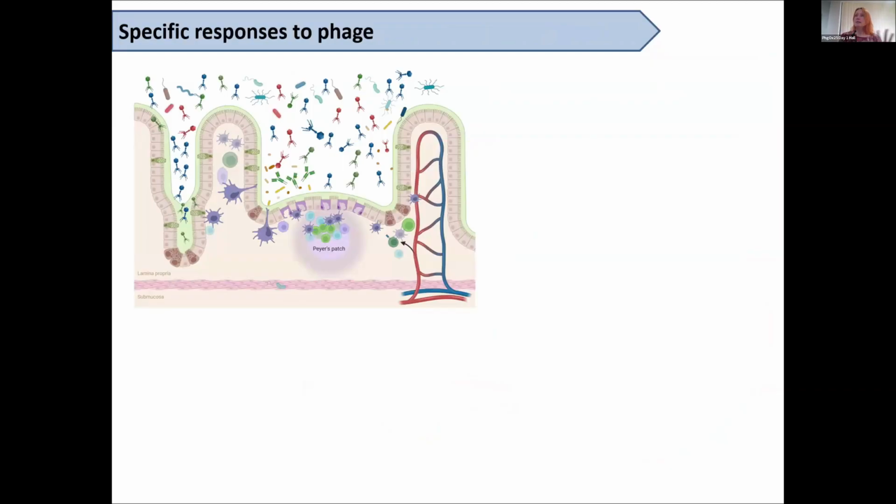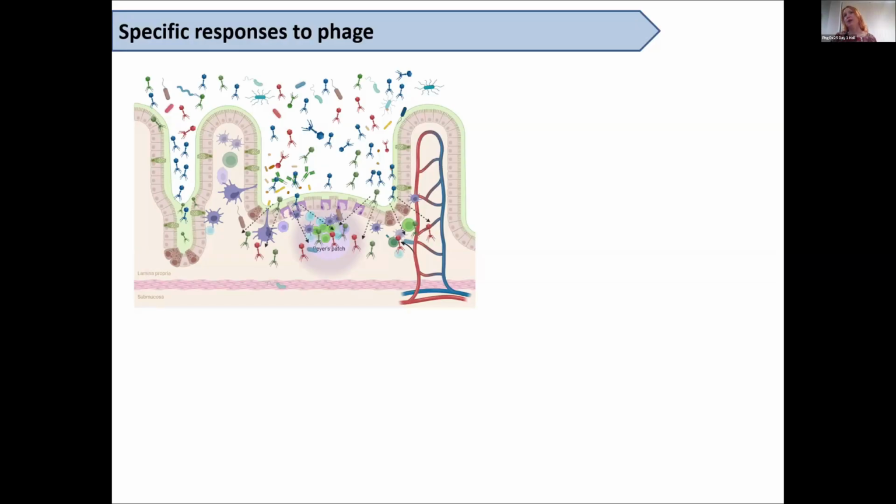And this brings us closer to the specific part and the specific elements that respond to phage. So again, phage population in the gut, and a very well-known phenomenon that phages do translocate. They translocate, and this is the major way for phages to travel around the body and distribute in the system.